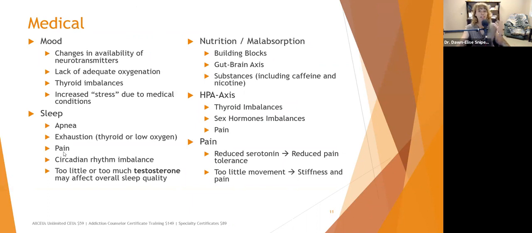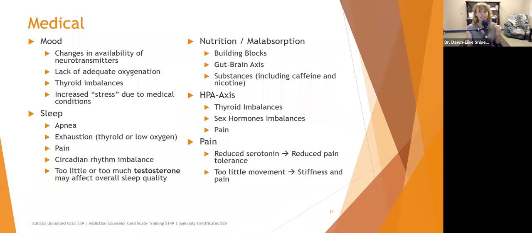Medical problems can also impact mood because it can impact sleep. It can cause sleep apnea. Certain medical conditions cause sleep apnea, which prevent good sleep. If you don't have good sleep, then your circadian rhythms are going to be out of whack. Appetite and sleep systems are going to be out of whack, and mood is going to be impacted.